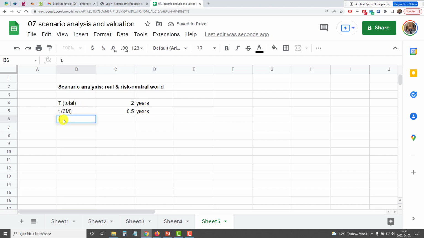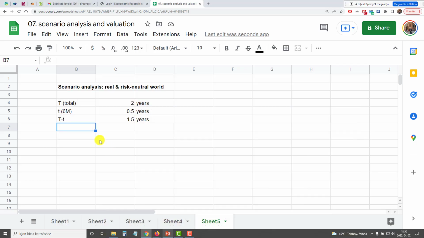And big T minus small t will be the difference in years, because we will need both of them, so that's why practically we will need these two things. This one is not just in the text.